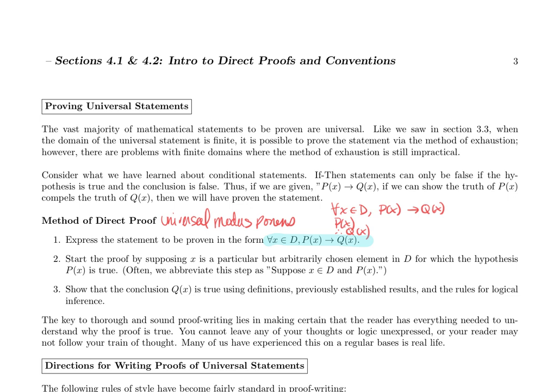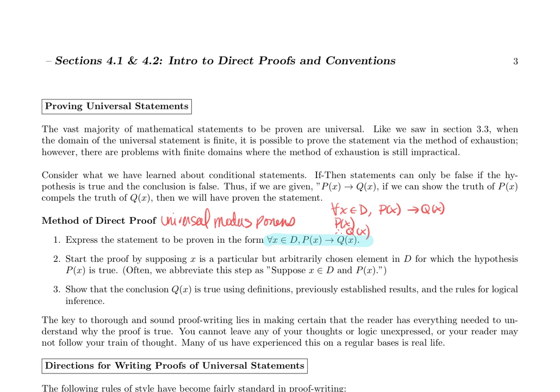When we switch over to section 4.7, we're going to talk about indirect proof. We're still going to use our universal conditional statements, but we're going to apply them in a more circuitous path. More on that when we get to section 4.7.